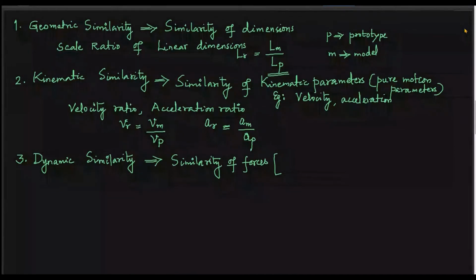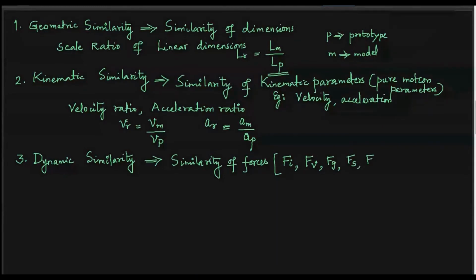In those numbers, we considered certain forces, like inertia force Fi, common to all. Then we considered viscous force. In fact, the ratio of inertia force to viscous force is the Reynolds number. Then we considered gravity force in the Froude number, the ratio of inertia force to gravity force. Then surface tension force Fs in the Weber number, and elastic force Fe, due to compressibility.